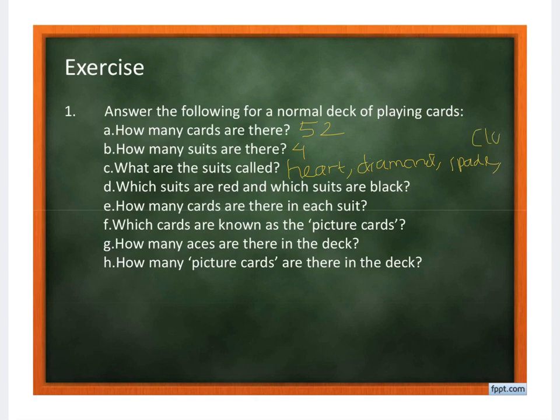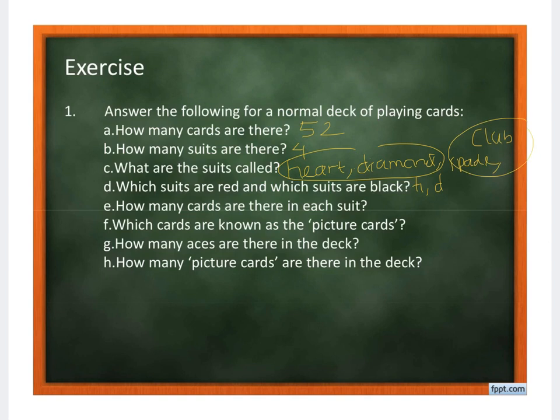Which suits are red and which are black? Heart and diamond are red, and spade and club are black.